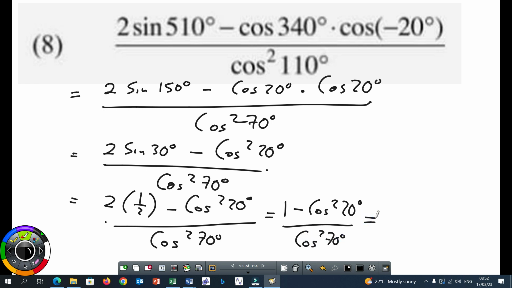You end up getting sine squared 20 degrees if you use the fundamental identity. Are you following that? Am I talking to myself or what? If there's any issue, can someone talk?